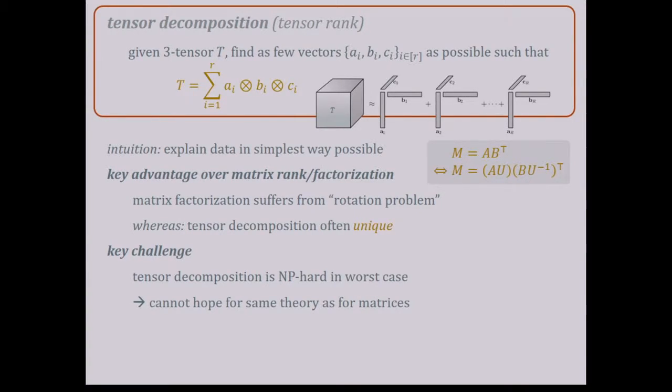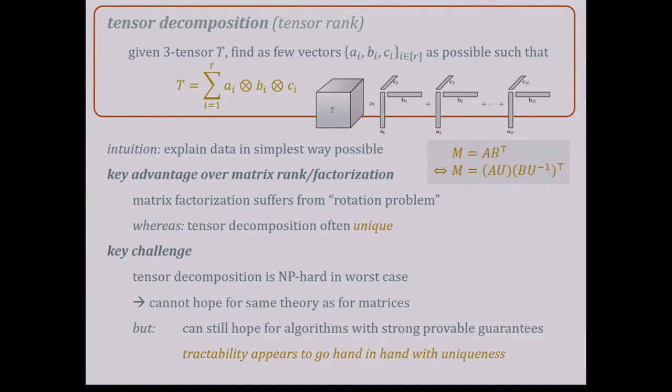But it certainly doesn't mean that we can't hope for good algorithms, because there are many cases, like the story about approximation algorithms, where we have NP-hard problems but managed to find interesting ways of dealing with them, finding provable algorithms for them. So the hope is that we can do the same thing for tensor decomposition.